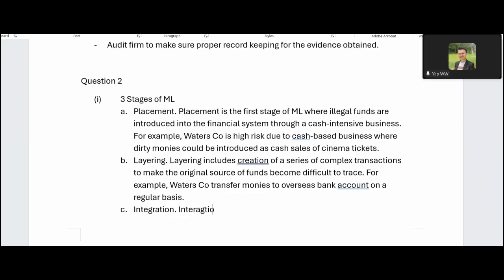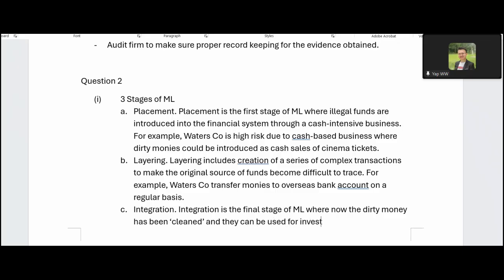is the final stage of money laundering where now the dirty money has been cleaned and they can be used for investment and spent.